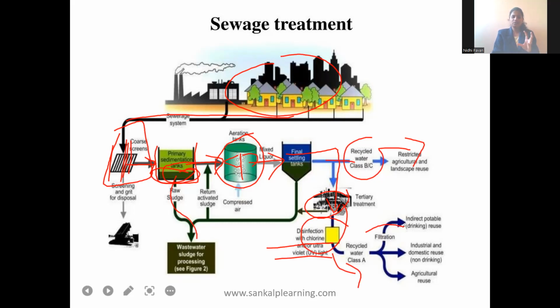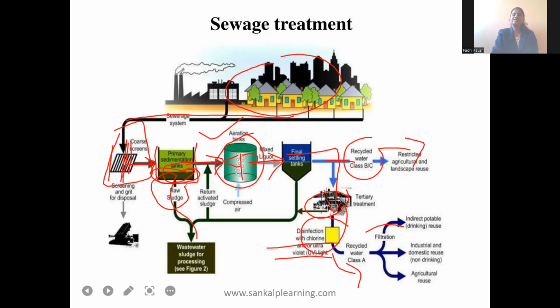So this is how wastewater is treated in sewage water treatment. Here the main part is the aeration tank, where the water comes in contact with aerobic bacteria. Compressed air is passed, and the sludge or solid particles collected, like human excreta, the excreta of other animals and impurities, will be dried and used as manure or compost for plants.